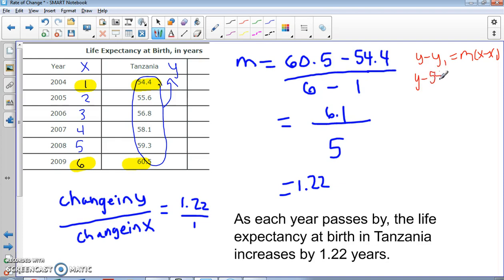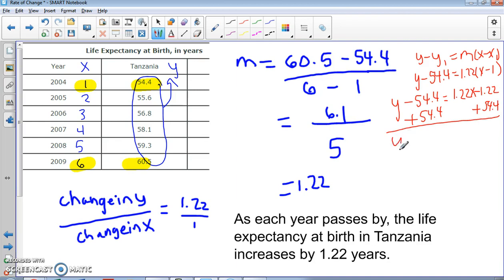So plug in our y value and our slope that we just found and our x value. And we're going to distribute there. Right. So we're going to get x times 1.22, and then we need to add our 54.4 over.